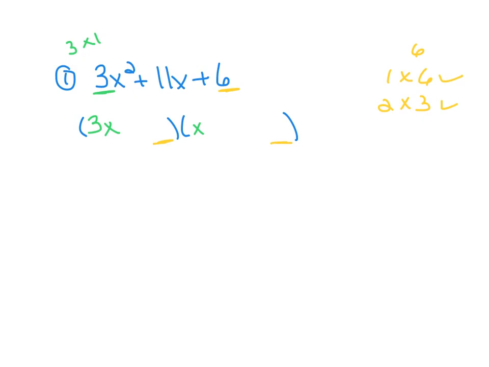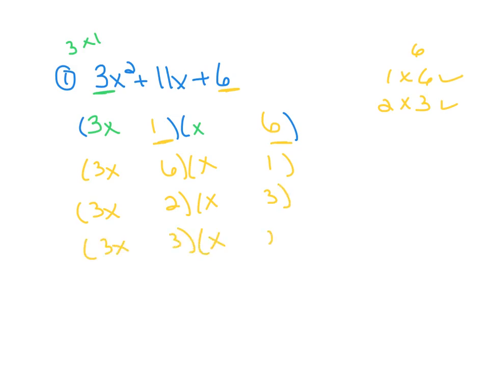All right, so here's your choices. You could have a 1 and a 6, or a 6 and a 1, or you need to go to your other options, a 2, 3, 3, 2. So these are all the possibilities just for this one problem.